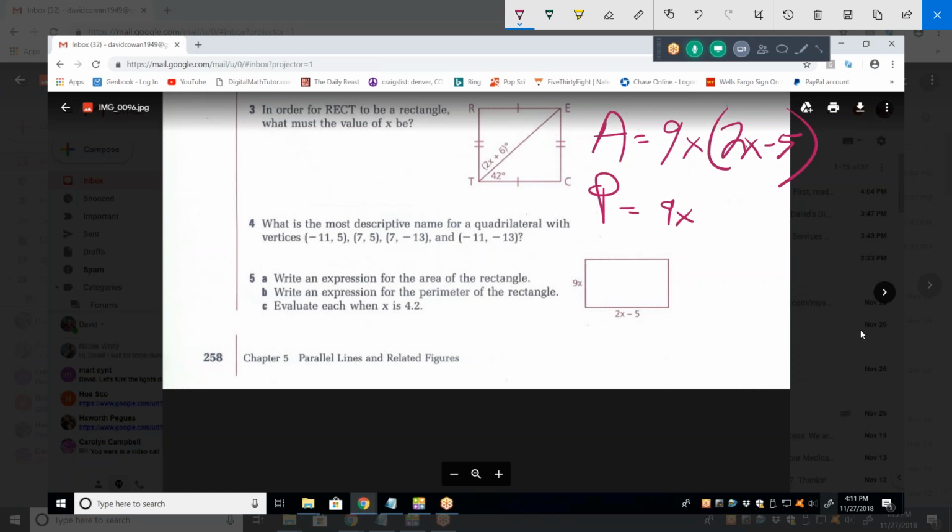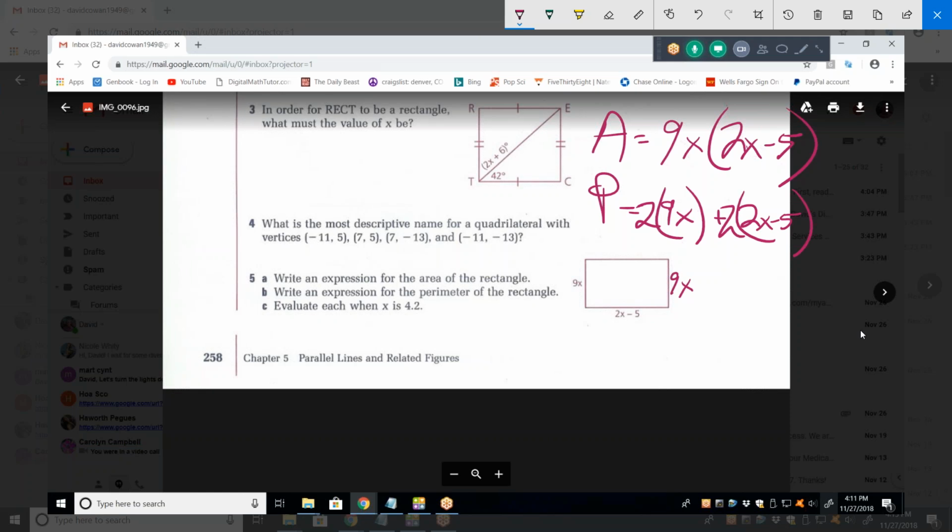Not squared, times 2. In other words, this is 9x, so it's 9x plus 9x. That's different than 9x squared. Plus what? Plus (2x minus 5) times 2.